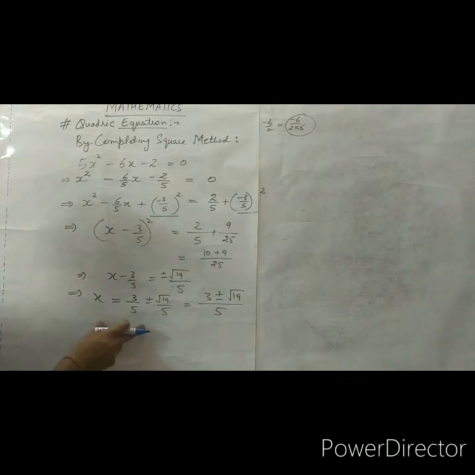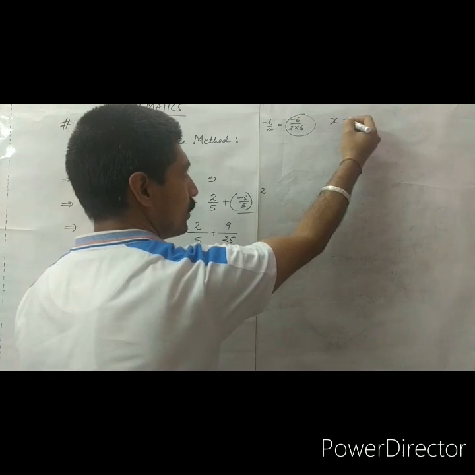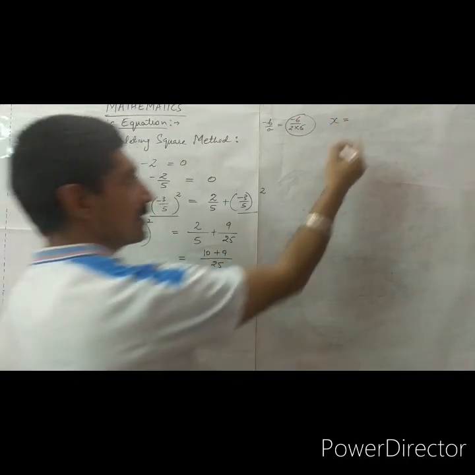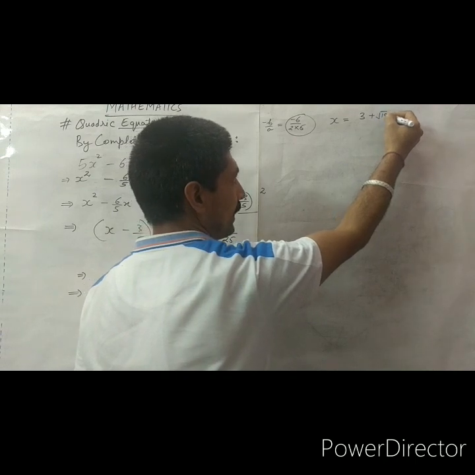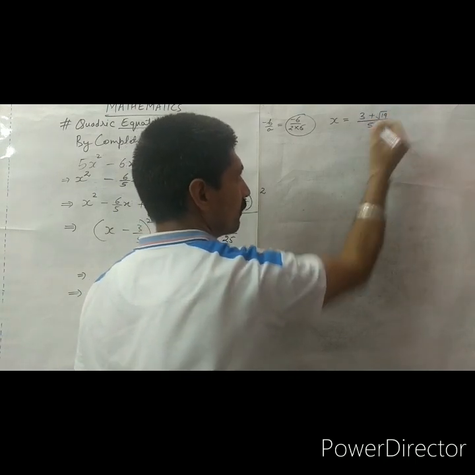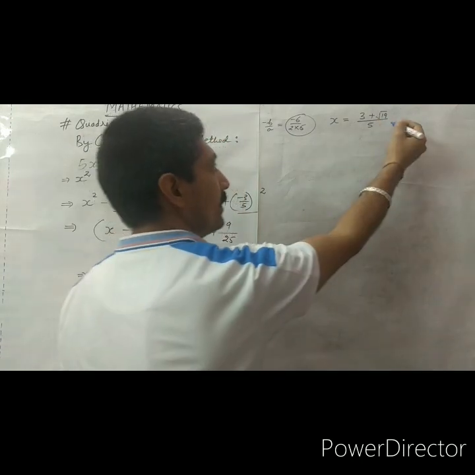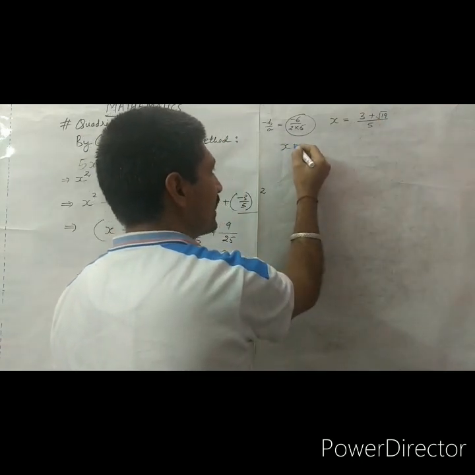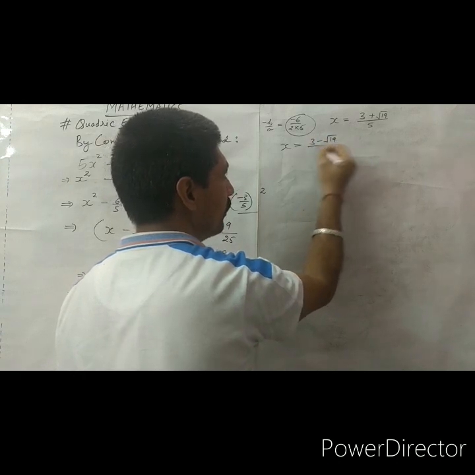So we have two values of x: one is x equal to 3 plus root 19 upon 5, with the plus sign, and the other is x equal to 3 minus root 19 upon 5.